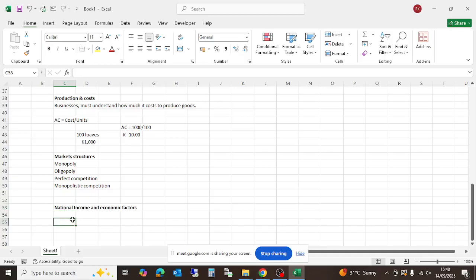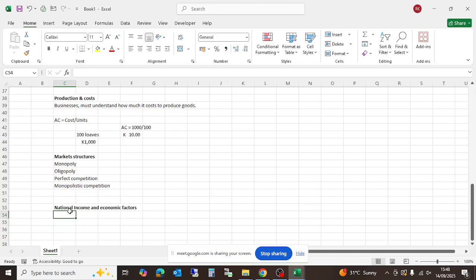You're saying people are willing to work, but they have no jobs. You get the difference, Madam Hope? And then we also talk about the balance of payments, the difference between the imports and the exports. So many businesses actually watch these particular indicators because they affect demand and also affect profitability.